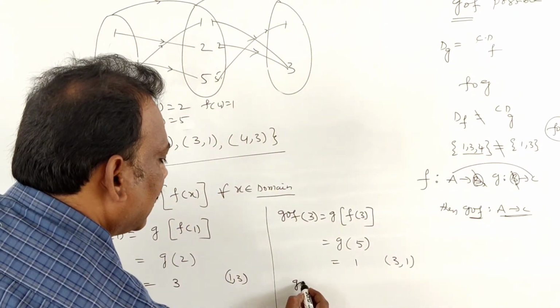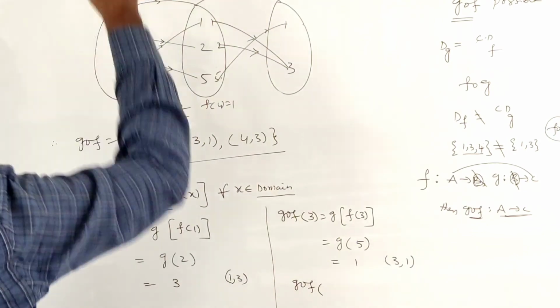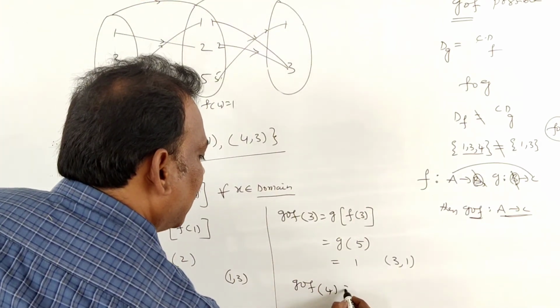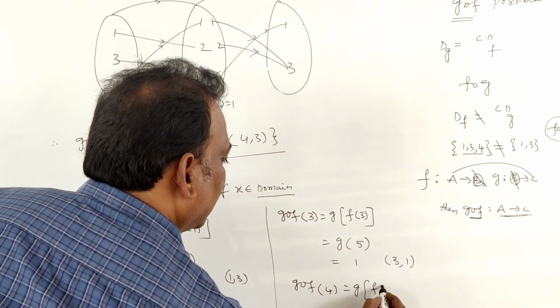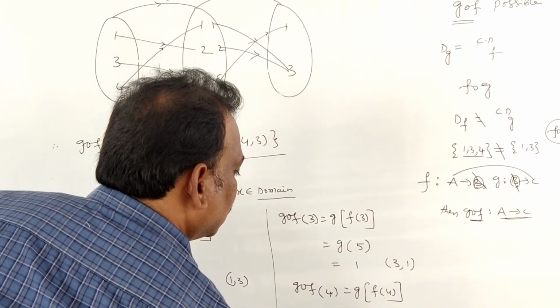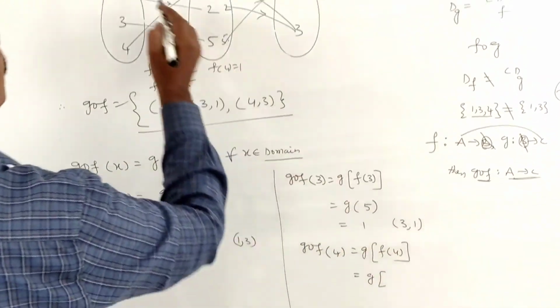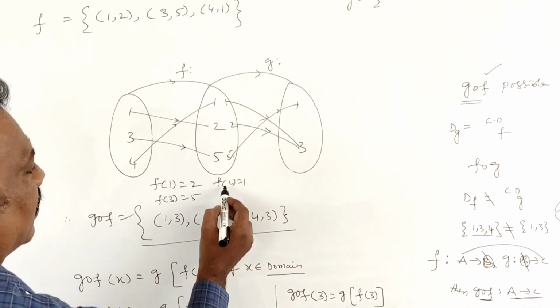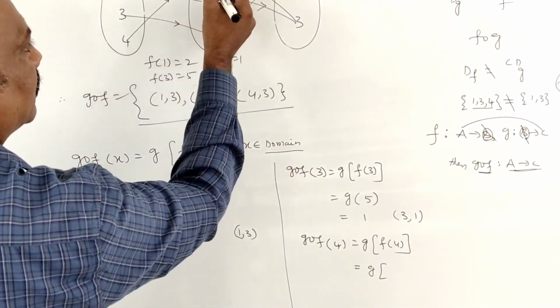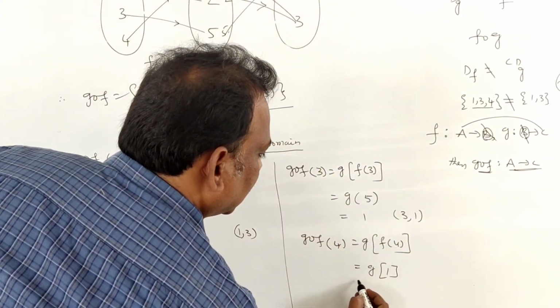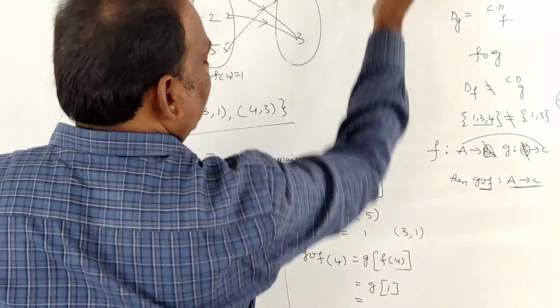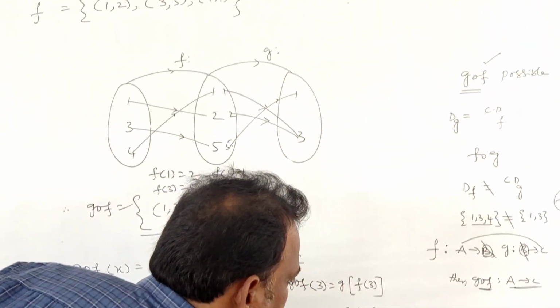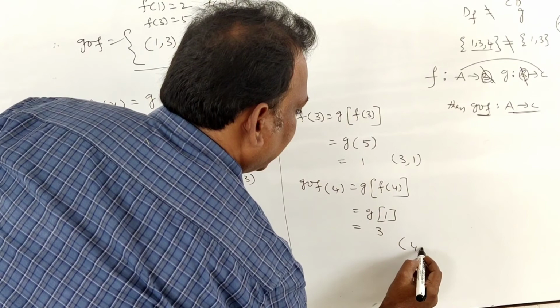Like that, what is another input? 4. Formula G of F of 4. What is F of 4? F of 4 is 1. So this is G of 1. G of 1 is 3. So taking 4, you get 3.